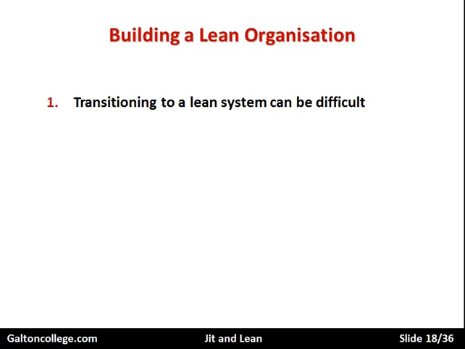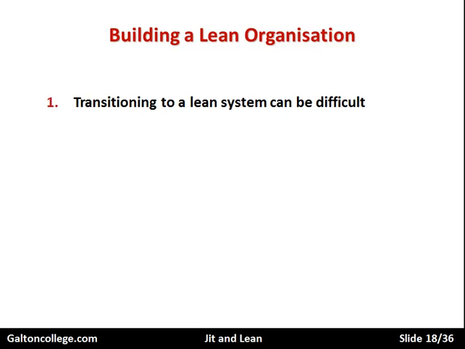So building a lean organization, well, it means transitioning to a lean system can be difficult. It can be difficult for all sorts of reasons. Setting it up, designing the plant layout, designing the production system can be difficult.